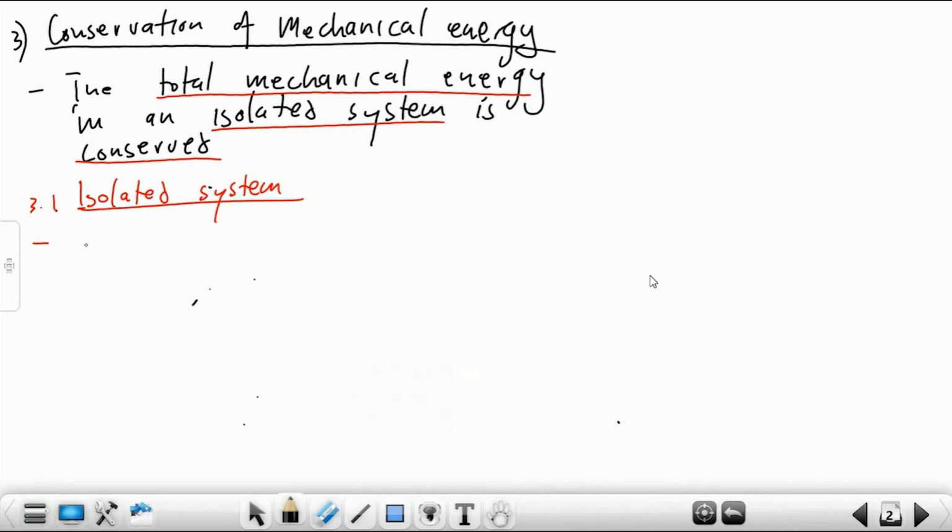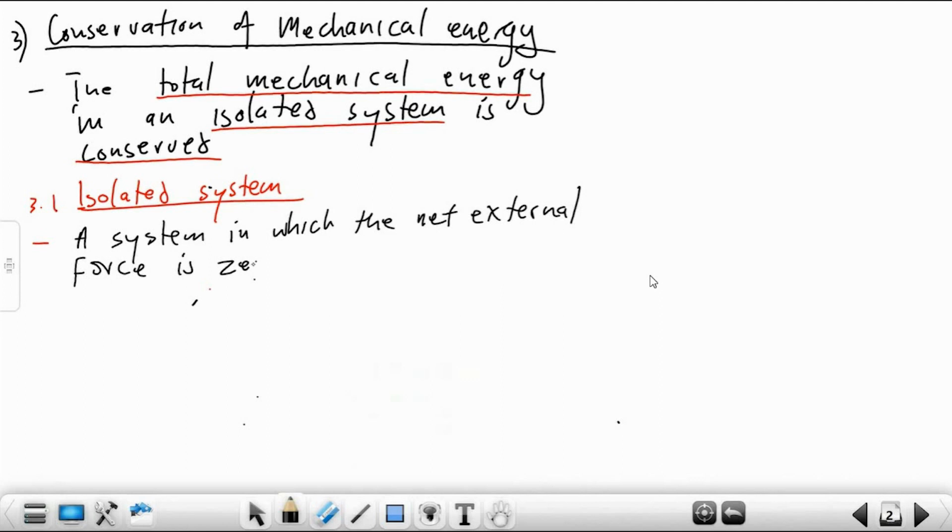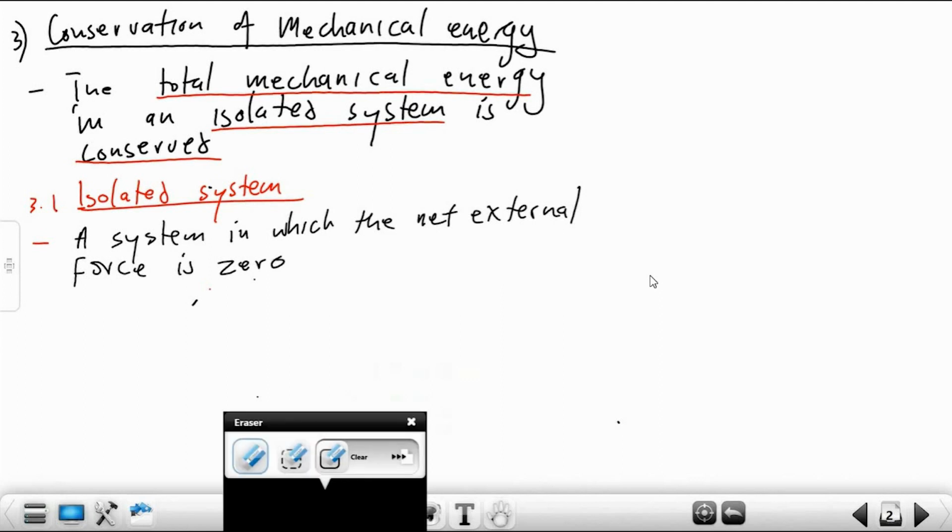Isolated system: a system in which the net external force is 0.